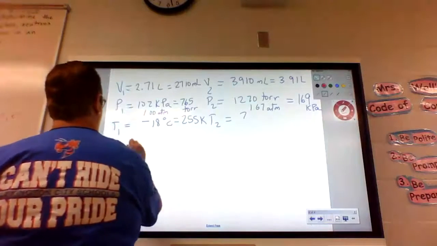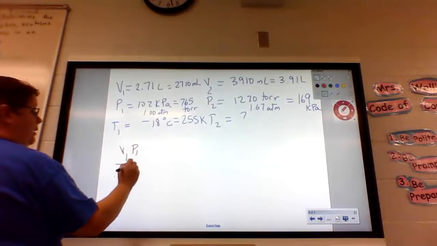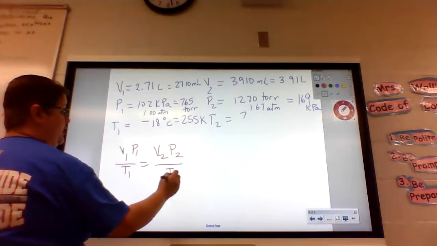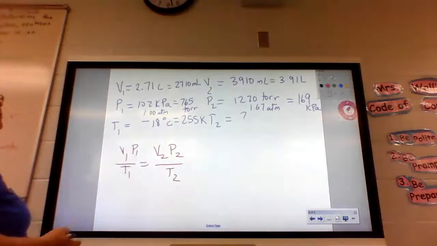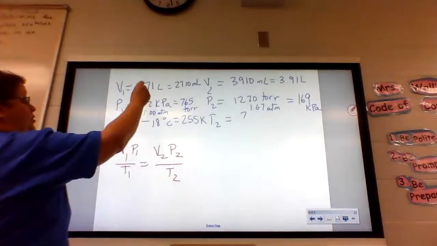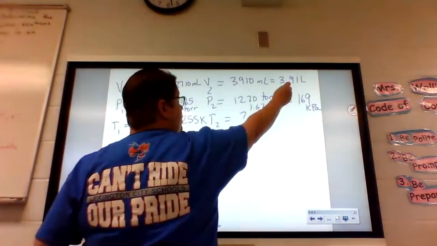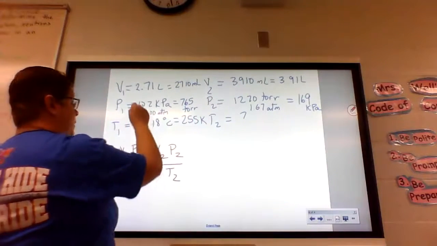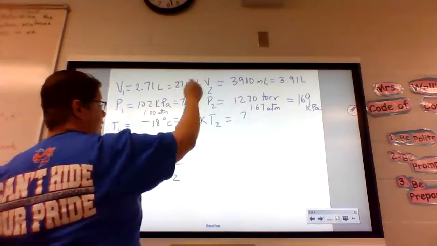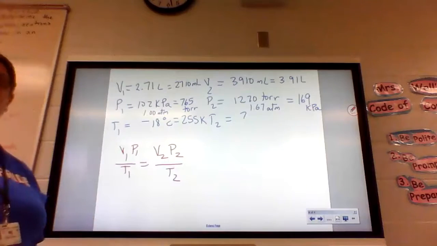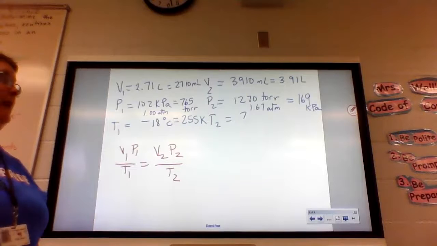All right, so V1, P1 over T1 equals V2, P2 over T2. So now you just need to pick which units you chose on your paper. So if you chose volumes of liters, you got to make sure you pick both of them in liters or both of them in milliliters. If you chose ATMs, pick the two that are in ATMs, pick the two that are in torrs, or pick the two that are in kPas. It depends on which units you chose. They just have to match.